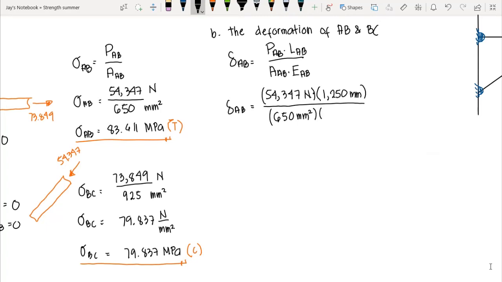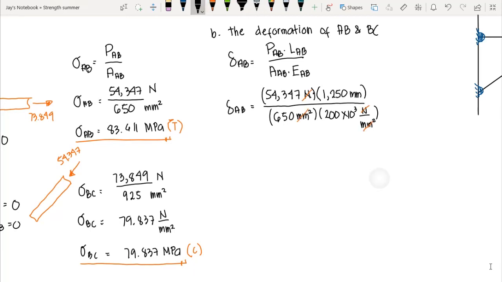The modulus of elasticity, since we have steel material, is 200 times 10 raised to the 3. The unit is in Newton per square millimeter. So our remaining unit here is in millimeters, since we could cancel out Newton and square millimeter.